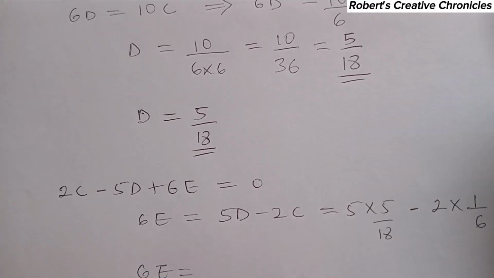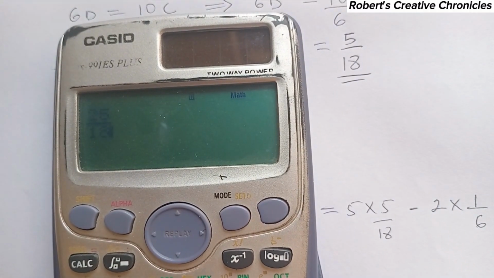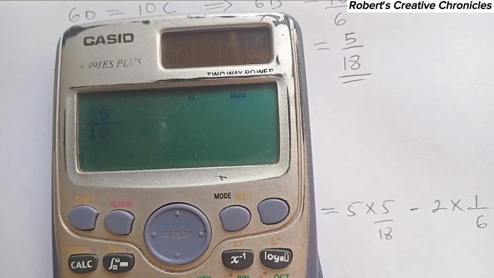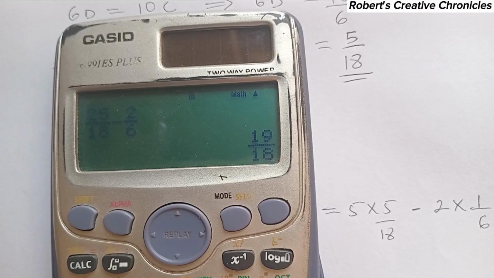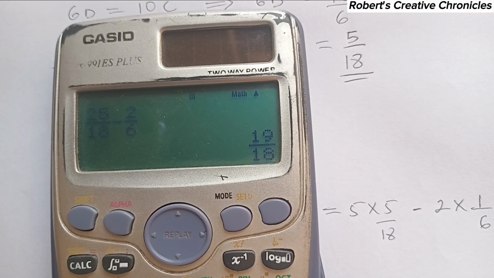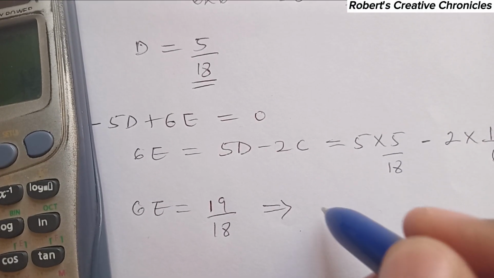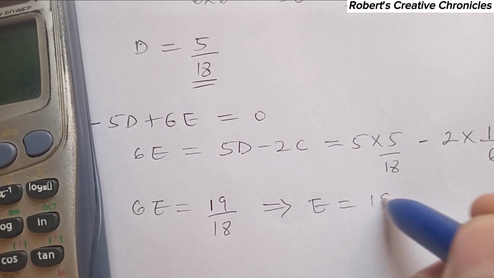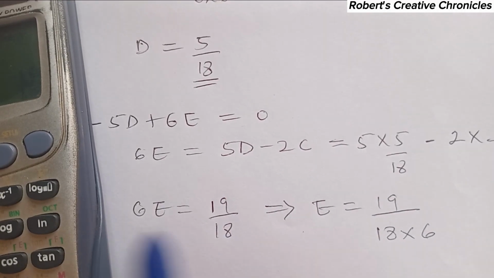So we'll do this. This is 25 over 18 minus 2 over 6. That is 19 over 18. Then e now is equal to 19 over 18 times 1 over 6, because you divide both sides by 6.